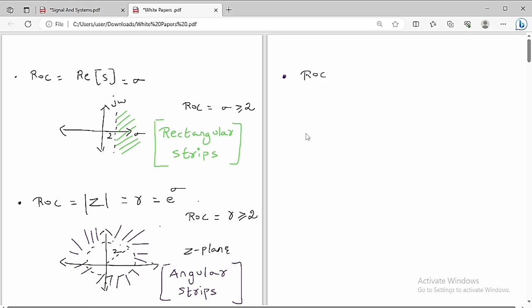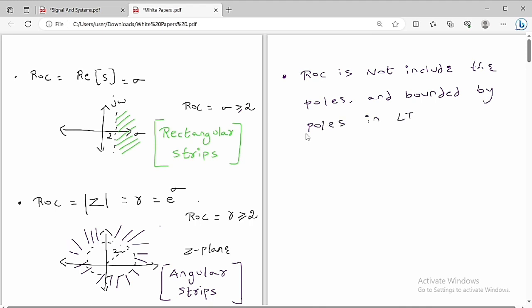The ROC does not include the poles and is bounded by poles in the Laplace transform.